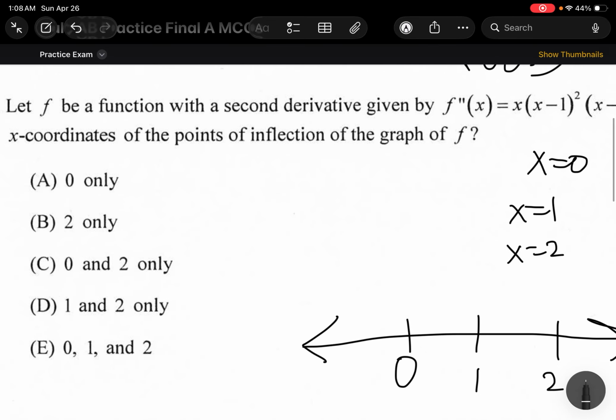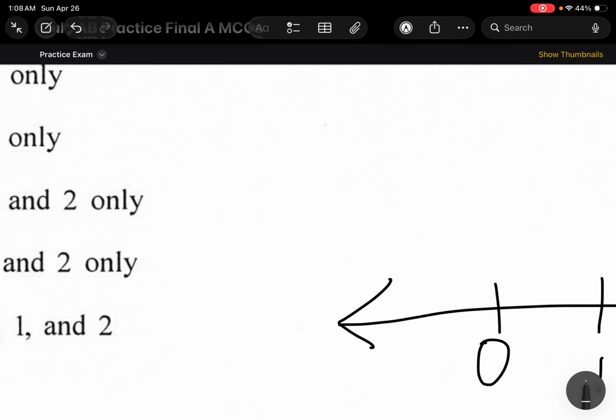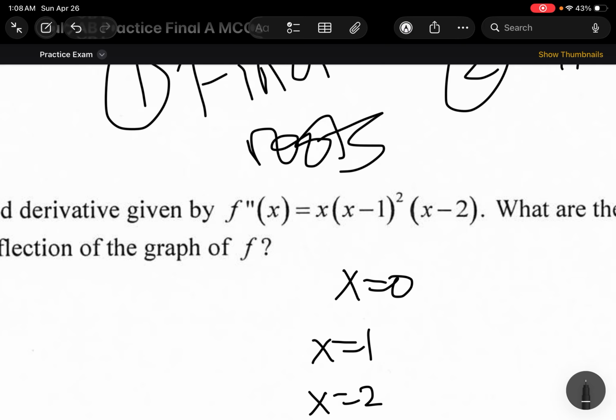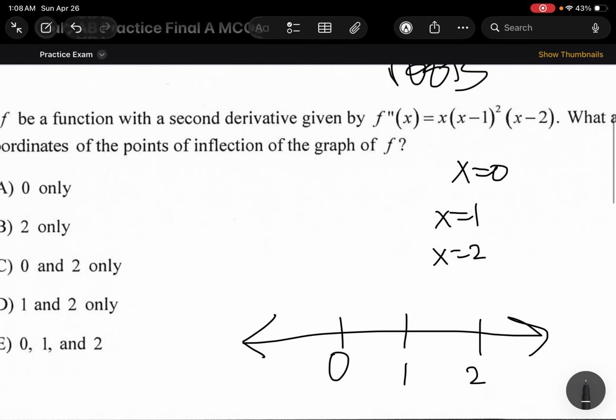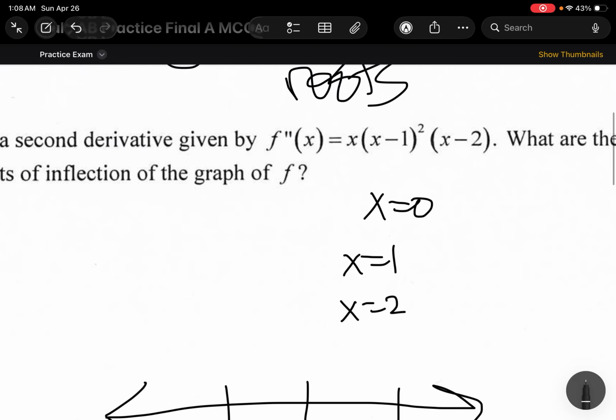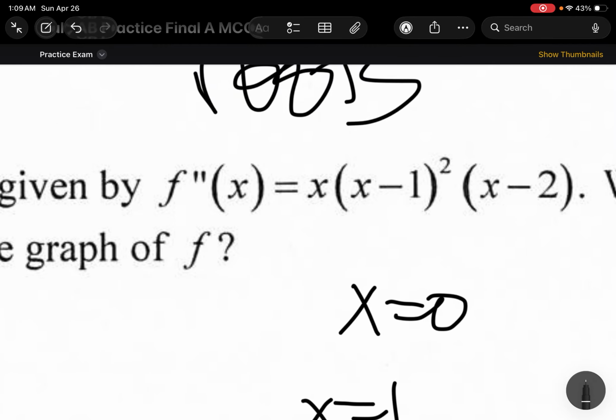So now we're going to use the number line to determine if there's a point of inflection at these points. We're going to plug in a random value that's before 0 to see what the sign is, positive or negative. So let's do -1, since -1 is less than 0, and that can determine our sign for this number line here. So f double prime of -1 is going to be -1 times -1 minus 1 squared, which is 2 squared, I believe.